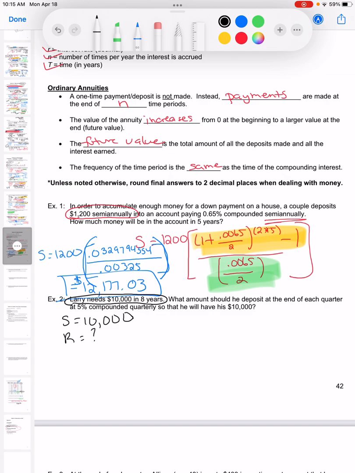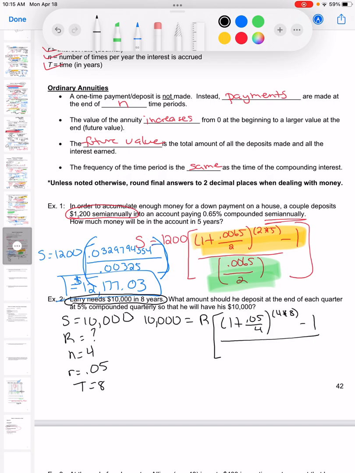I didn't tell you what you're depositing, so we're going to have to solve for that. I did tell you that we're doing it quarterly, and the interest rate, and the time. So I would have $10,000 is equal to R times this set of brackets. I'm plugging in all that data.